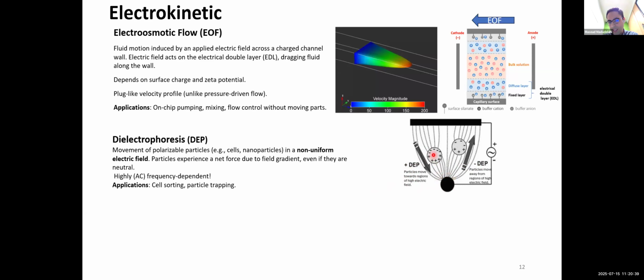Here we have more electric field than here, so this particle moves in this direction, and the opposite case is called negative DEP. One of the most important applications of this DEP is for cell separation or cell sorting. I have an example about this for you in our next slides.